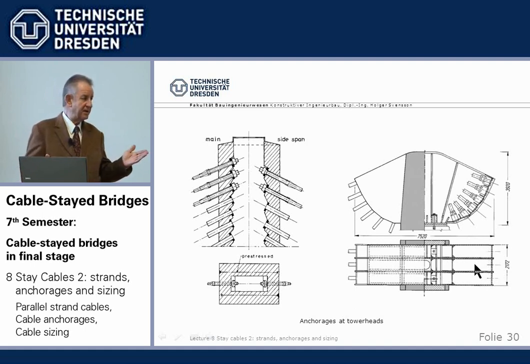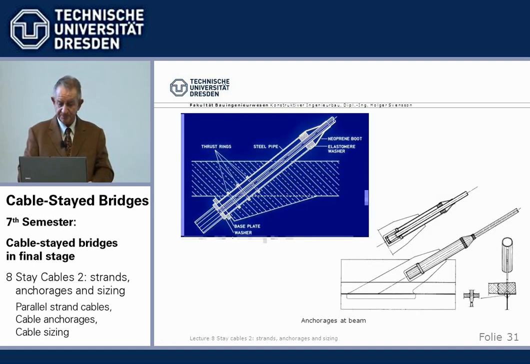That's the basic idea. At the beam, in concrete, the classical anchorage is used for most concrete cable stayed bridges. I would have to think about something where it's different. We cast in a steel pipe, and the steel pipe is thick enough to have the anchor head passing through, and then we fix the anchor head in some way.